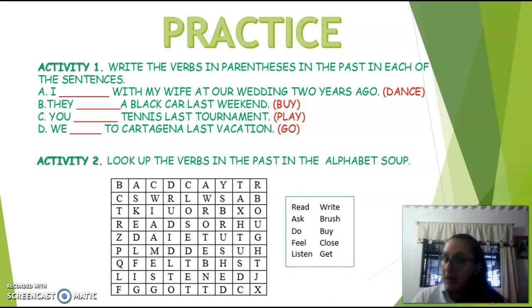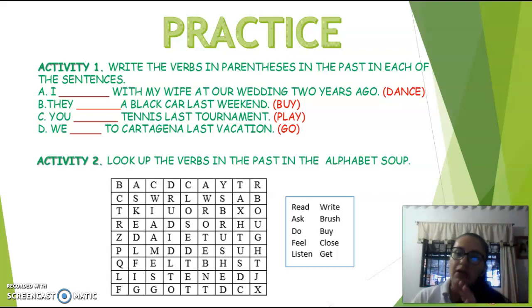Okay, let's go to practice. What is the idea? In this class, you need to express yourself in the past. So I give you some exercises. In activity 1, you need to write the verbs in parentheses in the past. You have 4 sentences, and you have a verb in parentheses in the infinitive.